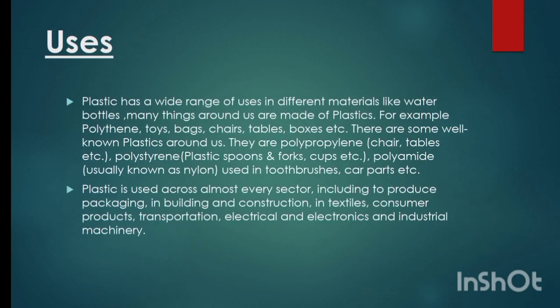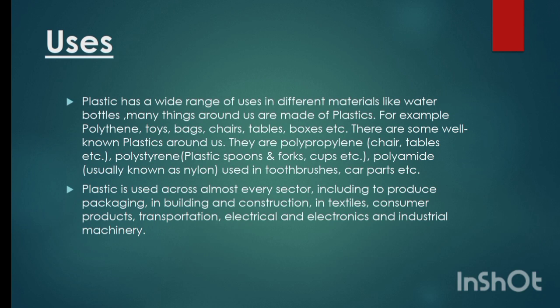and etc. Uses of plastics. Plastics have a wide range of uses in different materials, like water bottles. Many things around us are made of plastics, for example, polythene, toys, bags, chairs, tables, boxes, etc. There are some well-known plastics around us. These are polypropylene in the form of chairs and tables, and polystyrene in the form of plastic spoons, forks, and cups.